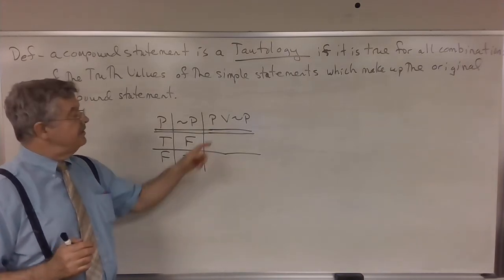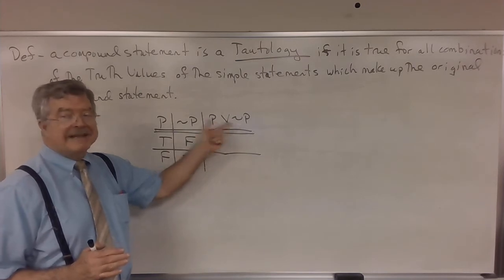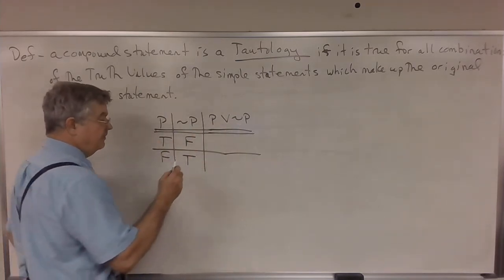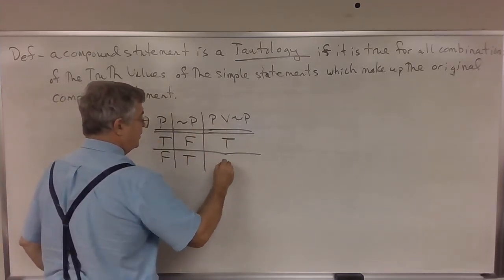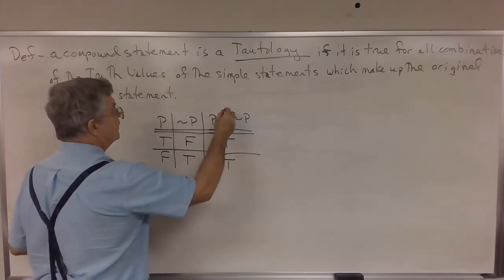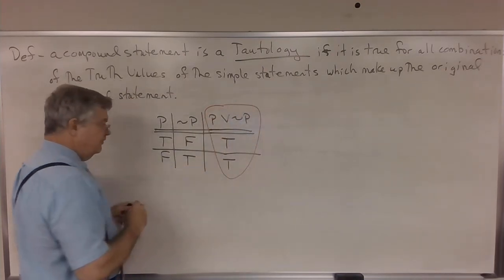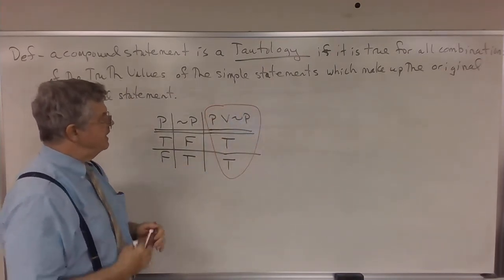So the special case for an or statement where they're both false can't happen in this case. So there are the truth values for this statement.